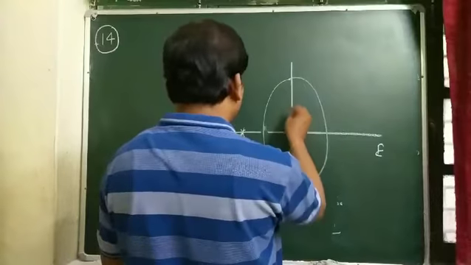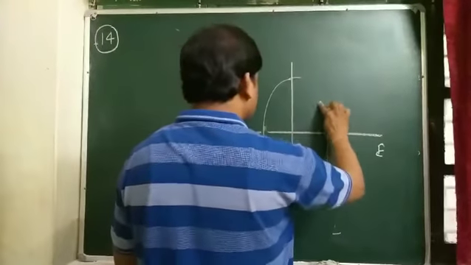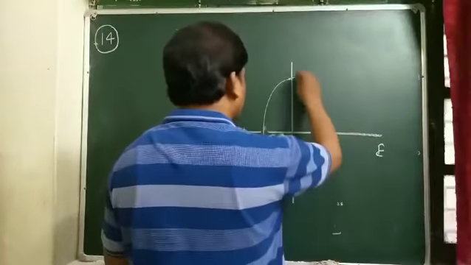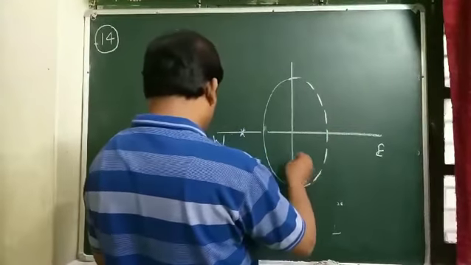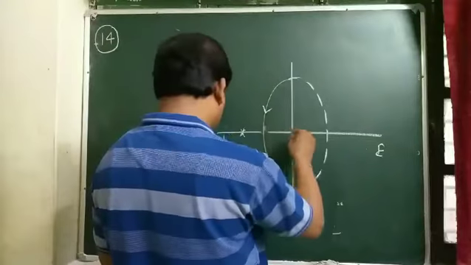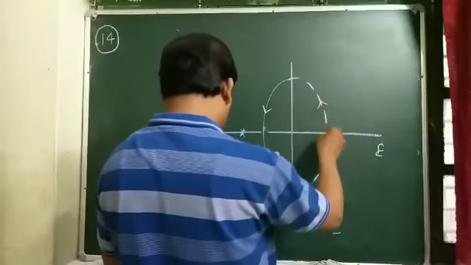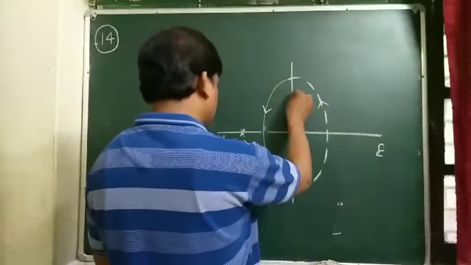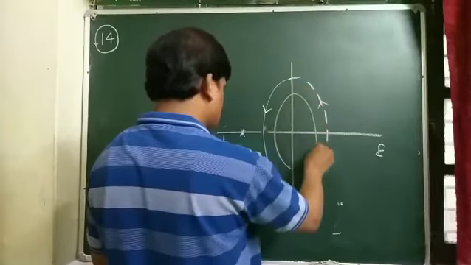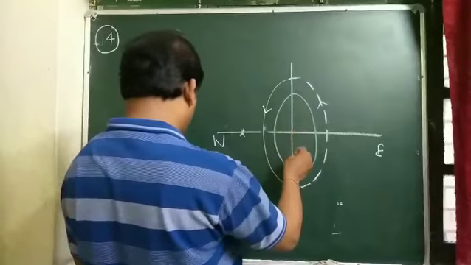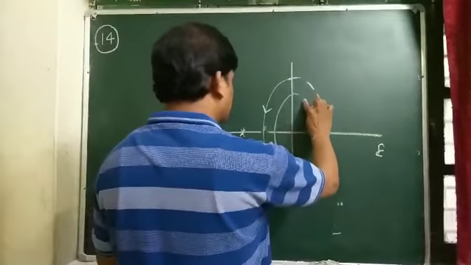Observer, direction of the current, this is the dotted line, and the direction of current is anti-clockwise. Also this is a dotted line.